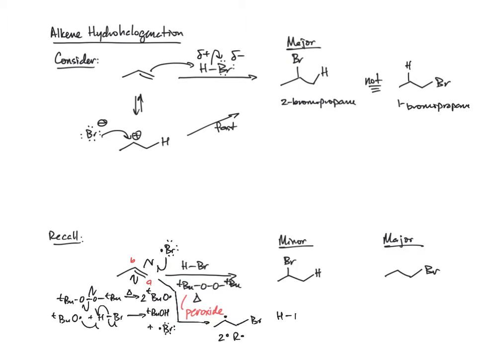That then reacts with HBr to give you the primary alkyl bromide. So the two methods are complementary. And what you have to recognize is the effect of this peroxide on the regiochemical addition to the alkene. Again, that's just a review. You will not see that on your Module 5 exam.